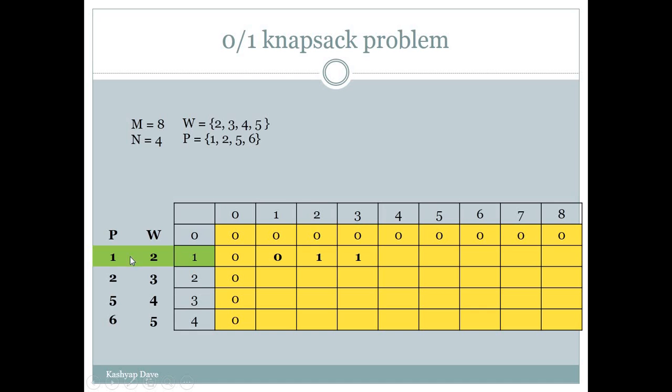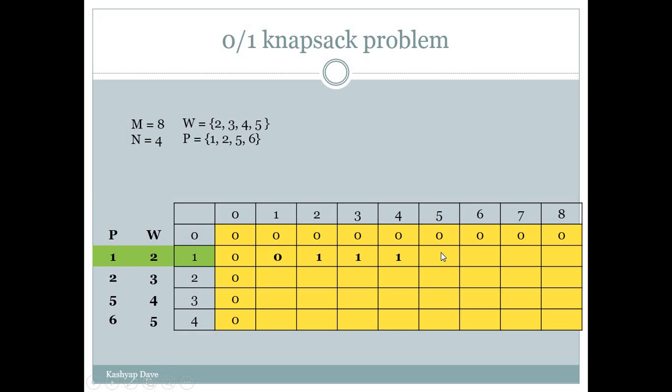Why? Because we are assuming that we have only one item here of weight 2. We are not including the other items for this calculation. Now our capacity is 4, but our maximum weight is 2, so again our profit will be 1.